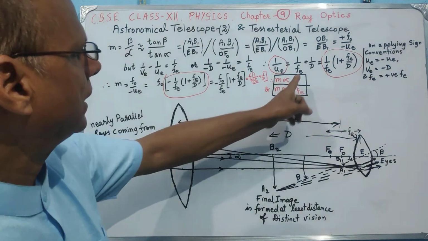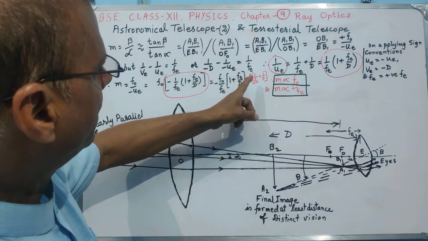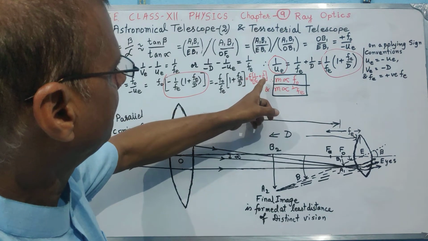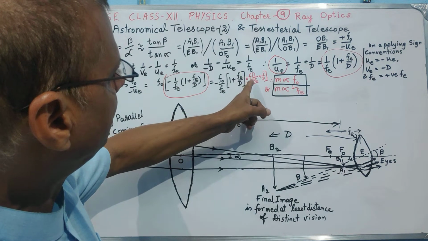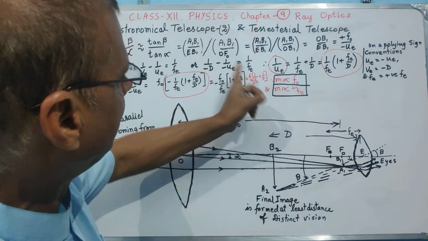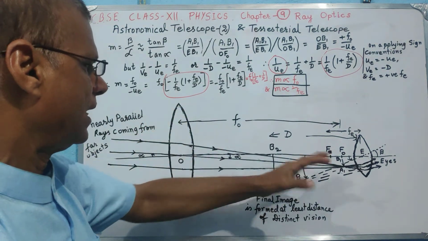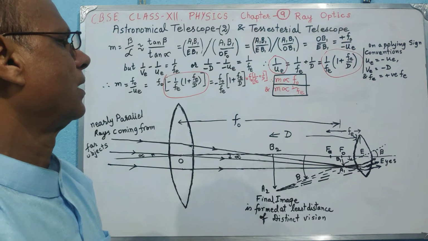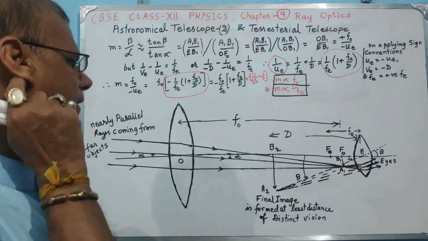And here you have this factor FO by FE, of course, but added to that is FO by D. So the bigger the value of FO, the greater the number added to the magnification of the telescope which has the image produced at the least distance of distinct vision. So certainly here we are having greater magnification.